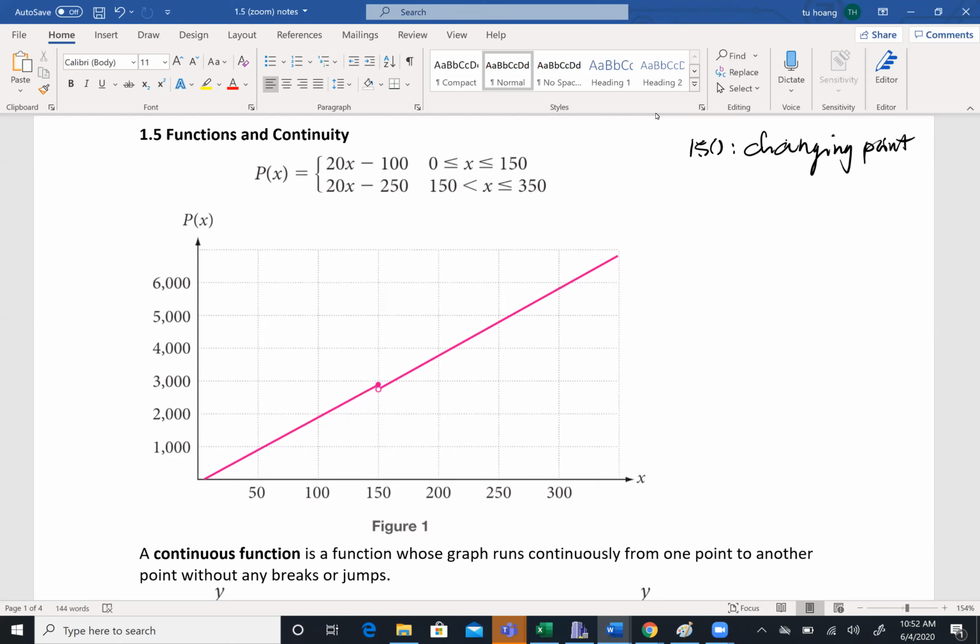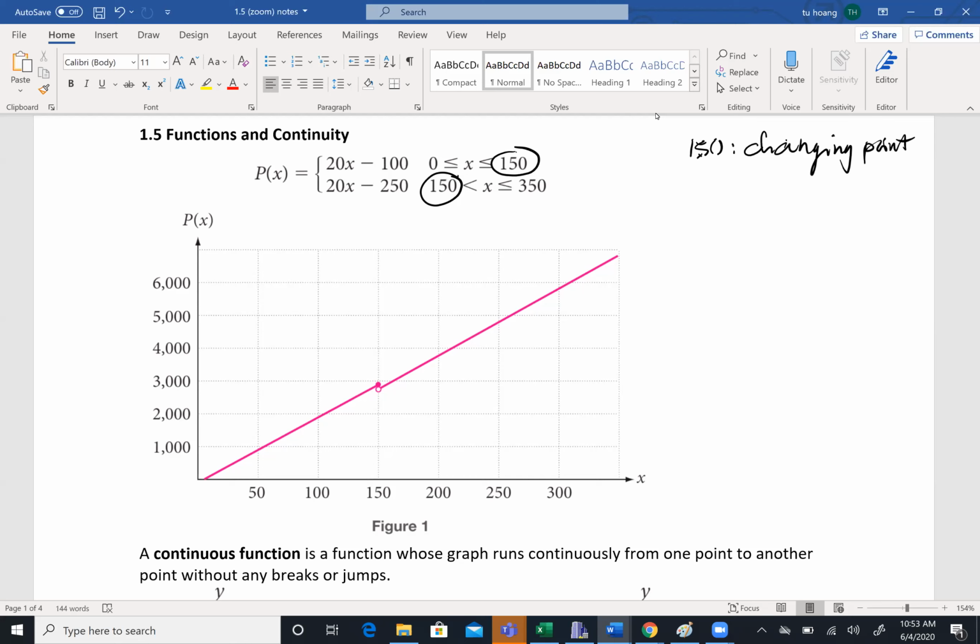Because both of the pieces of the function have 150, 150 is going to be a changing point. So look at the graph.